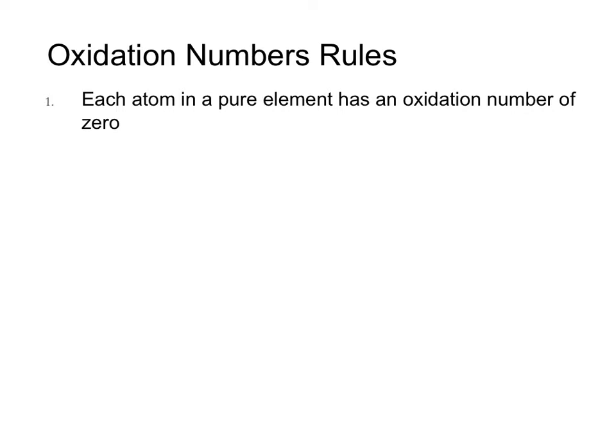Any atom in its pure elemental form has an oxidation number of 0. And so something like calcium, solid, will have an oxidation number of 0, as that is the elemental form of the metal. Likewise, any other metals in their solid form will have oxidation numbers of 0.